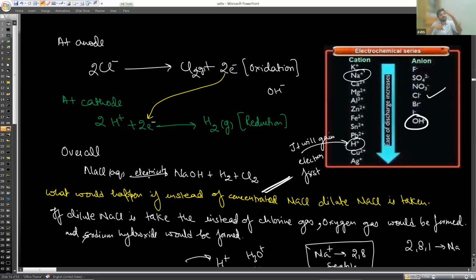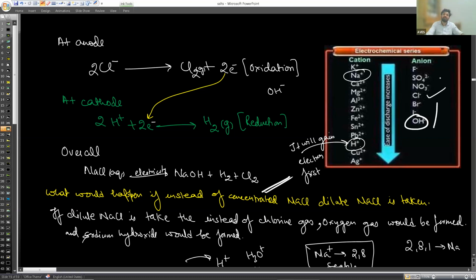But why is the H plus ion going to form hydrogen gas? Why is sodium not gaining the electron? Because you see here, hydrogen comes here. In terms of gaining electrons, hydrogen is first, then sodium. Potassium is the last. In terms of losing, potassium is at the top, but in terms of gaining, potassium is last.